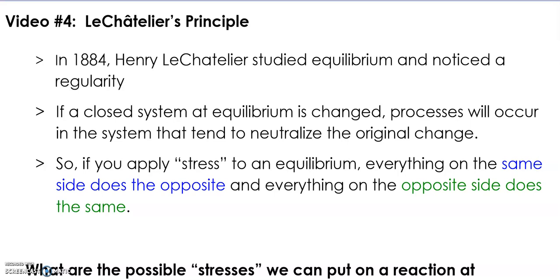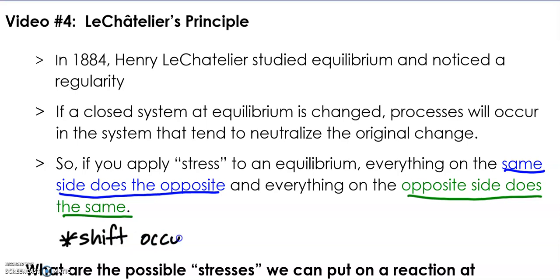So if you apply stress to an equilibrium, everything on the same side does the opposite. Right here in blue. And everything on the opposite side does the same. I'll explain this more when we do some examples. What you're going to look for is you'll see a shift.